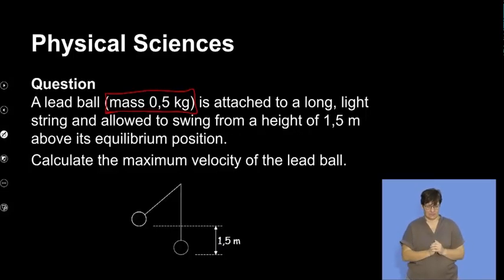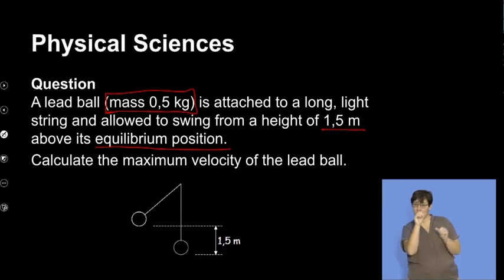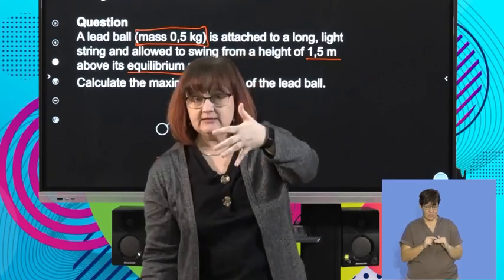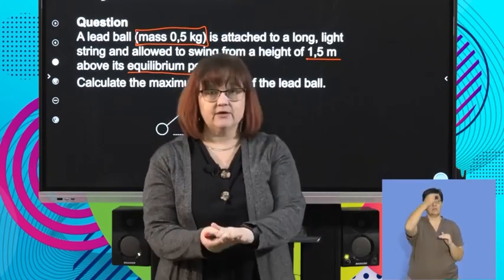They tell you it's allowed to swing from a height of 1.5 meters above its equilibrium position. Here you got to remember for me that when we work out potential energy, we have to know where the height is being measured from. Because they're saying from the equilibrium position, that's when it's at the bottom of its motion, it really doesn't matter whether this pendulum is 3 meters above the ground, 2 meters above the ground.